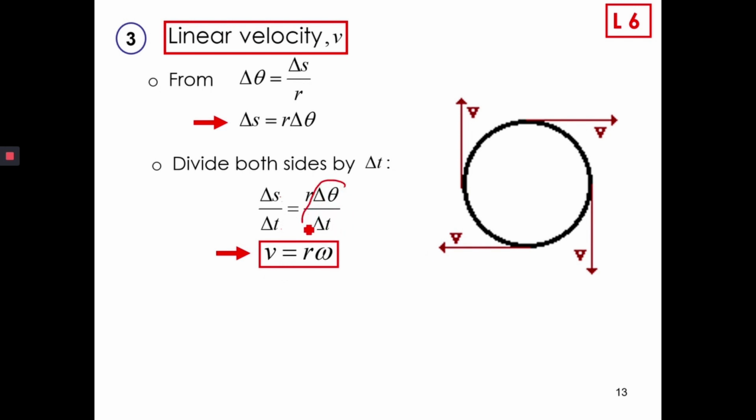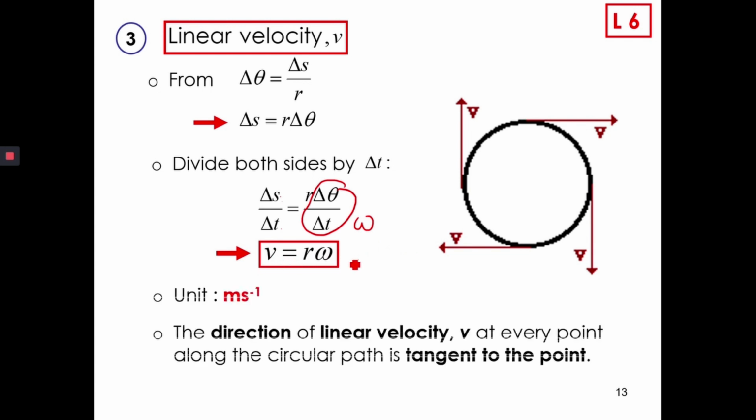So delta theta over delta t is your omega. You will have r omega. So linear velocity equals r omega. The unit for v is m s negative 1, where in circular motion, your linear velocity is tangent to your object's motion. So it's a tangential velocity.